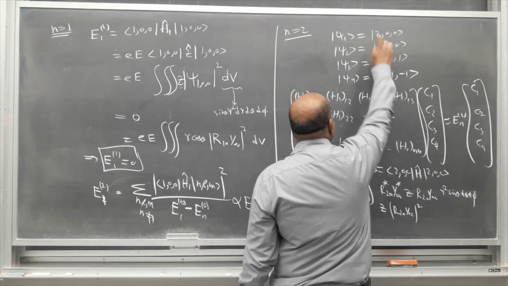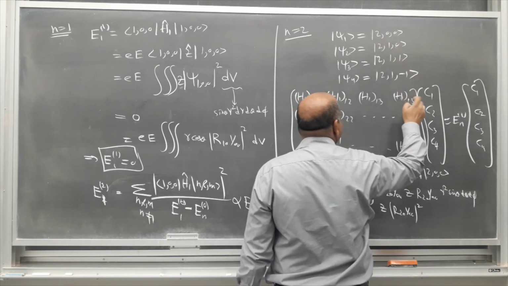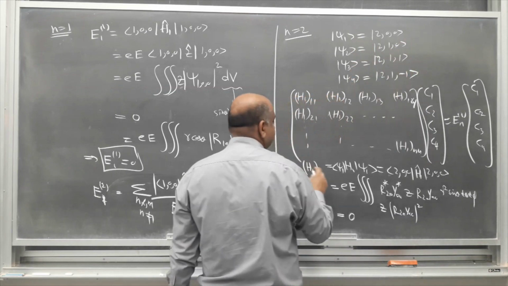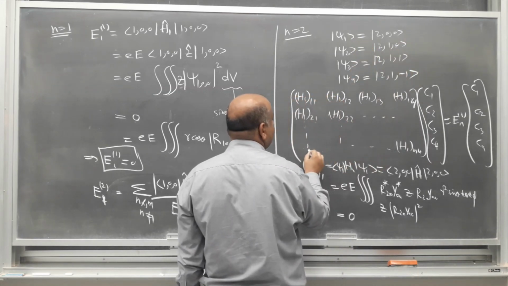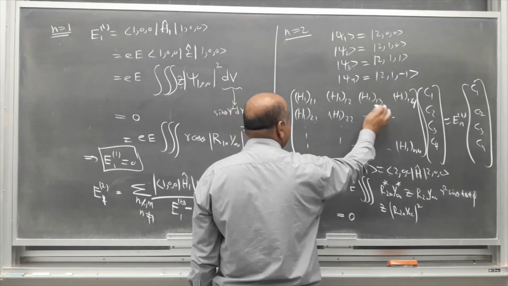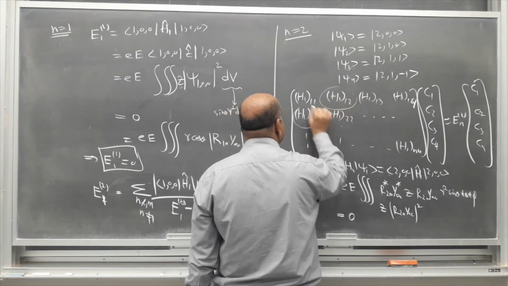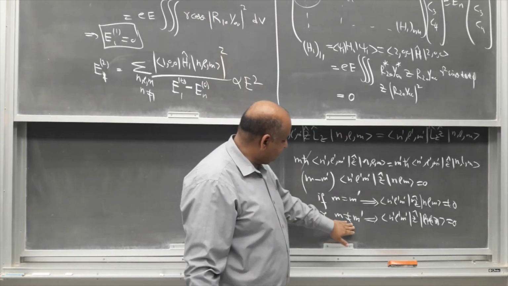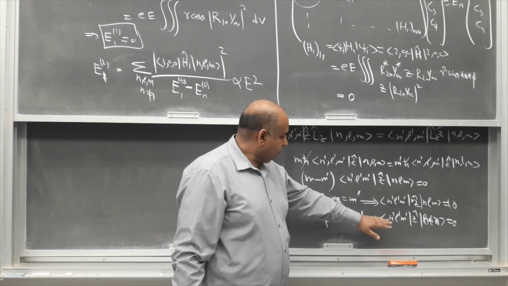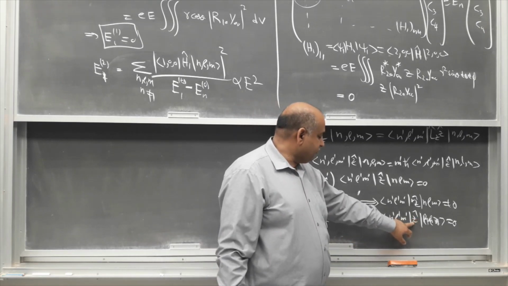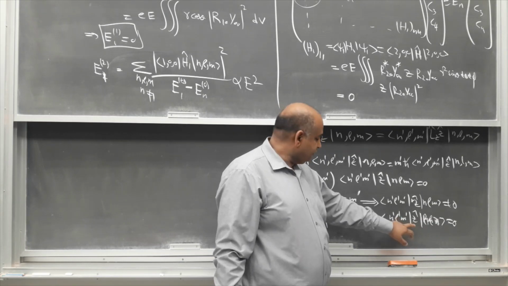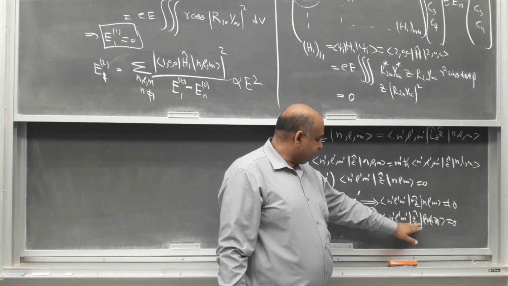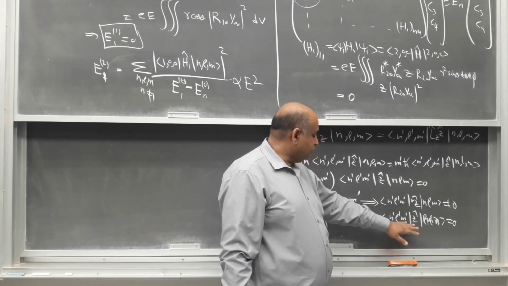For 1,3, m is different. For 1,4, m is different. Similarly for 4,1, for all other terms, m is different except for this one and this one. And we see that when m is different, this has to be 0. If it is 0 with the Z operator, it's definitely 0 with H1, because H1 is nothing but eZ.